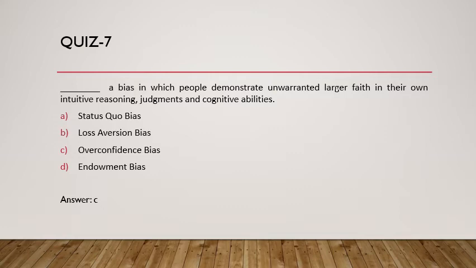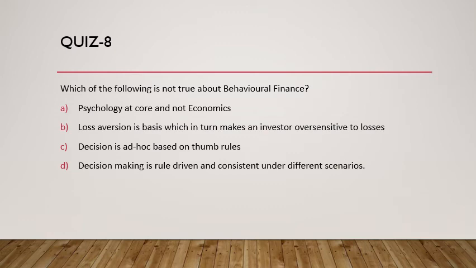Now let us move to question number 8, which is basically focused on differentiating behavioral finance from traditional finance, or the standard finance as it is called. Which of the following statements is not true about behavioral finance? Again, it's a question on the concepts of behavioral finance. Psychology at core and not economics. Absolutely correct.